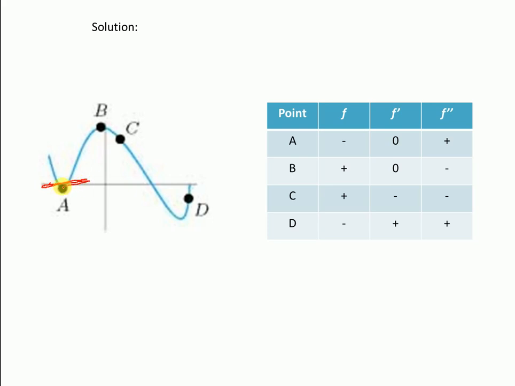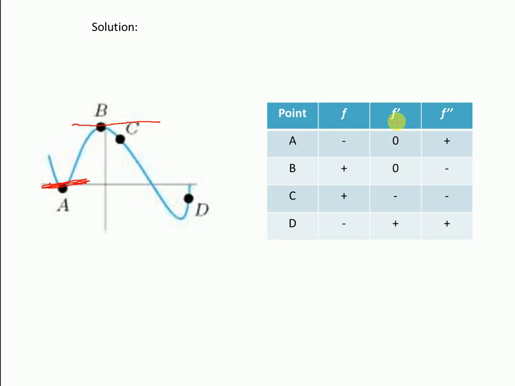Sorry, it should be horizontal. So this horizontal tangent line gives you the 0 slope. The same thing for point B. If I draw the tangent line at point B, this is also a horizontal tangent line, which gives you the 0 slope. So the slope at A and B is 0.